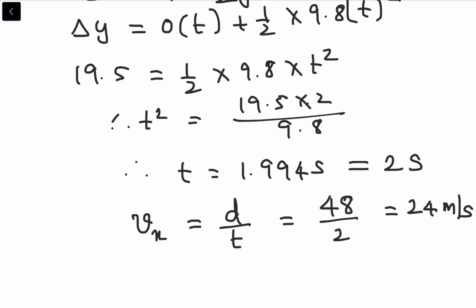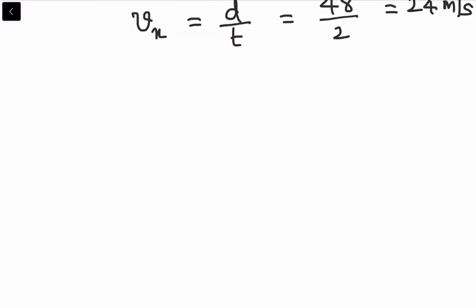So let us go for that. Since the car is moving with a constant speed horizontally, the initial and final velocity remain the same. So the final velocity of the car in the horizontal direction, we got 24 meters per second. Now we want to find the velocity of the car in the vertical direction just before landing. That can be calculated using our kinematic equations. v is equal to u plus gt.